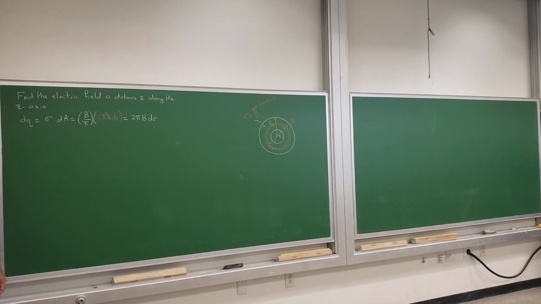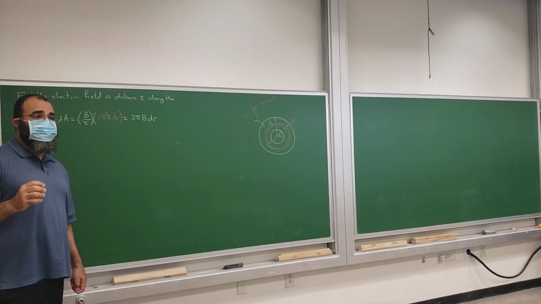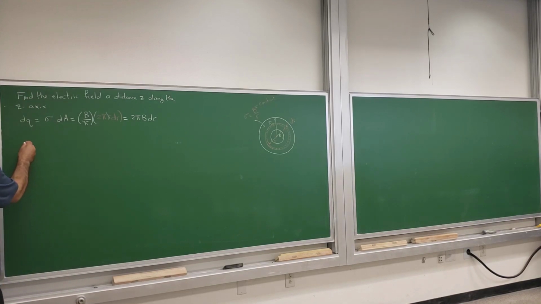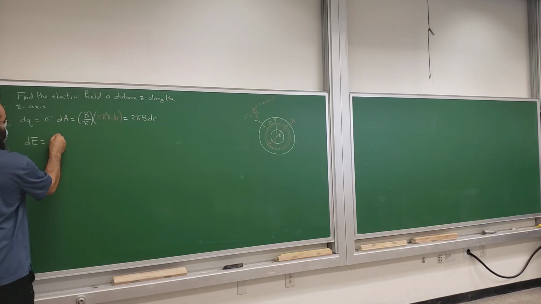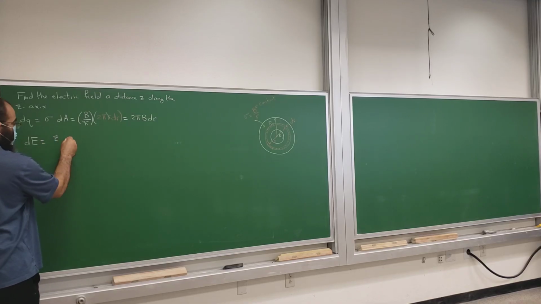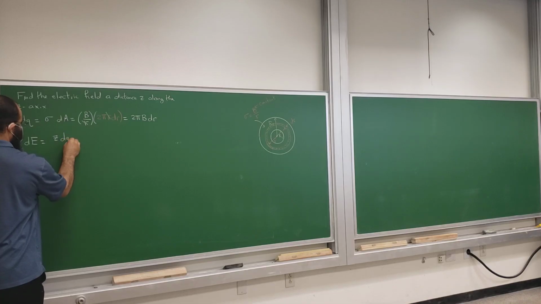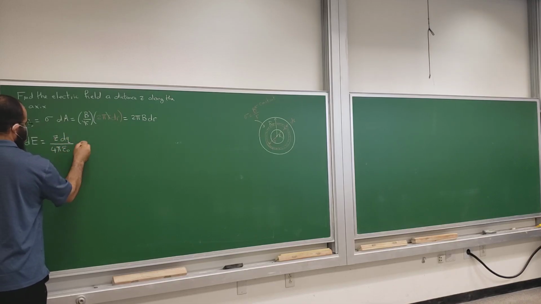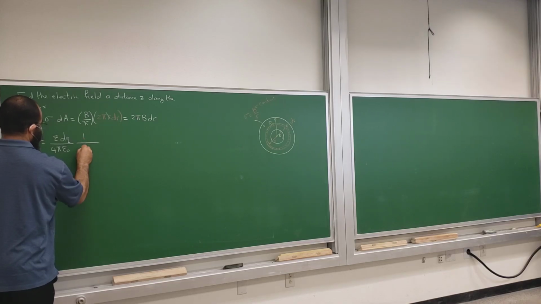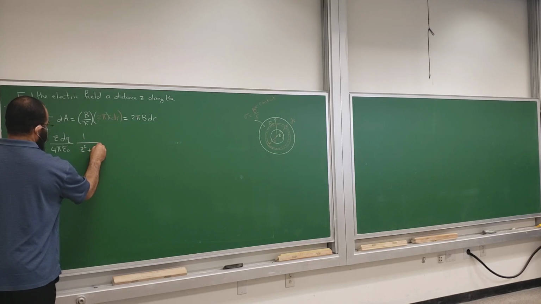Now, we know the equation for a ring, the electric field due to a ring, that's called dE. You remember this. It's z times Q, but we're going to call Q as dq, divided by 4 pi epsilon naught times z squared plus r squared to the 3 halves.